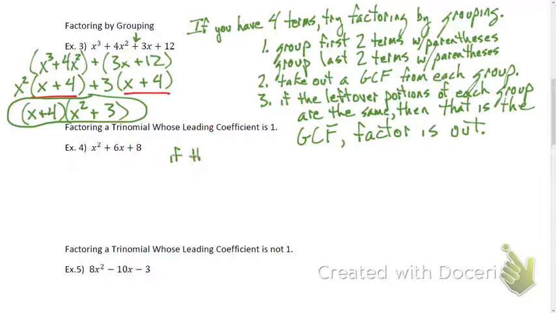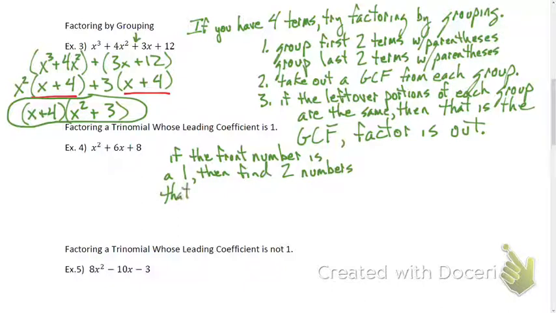If the front number is a 1, then find two numbers that multiply to the last and add to the middle.